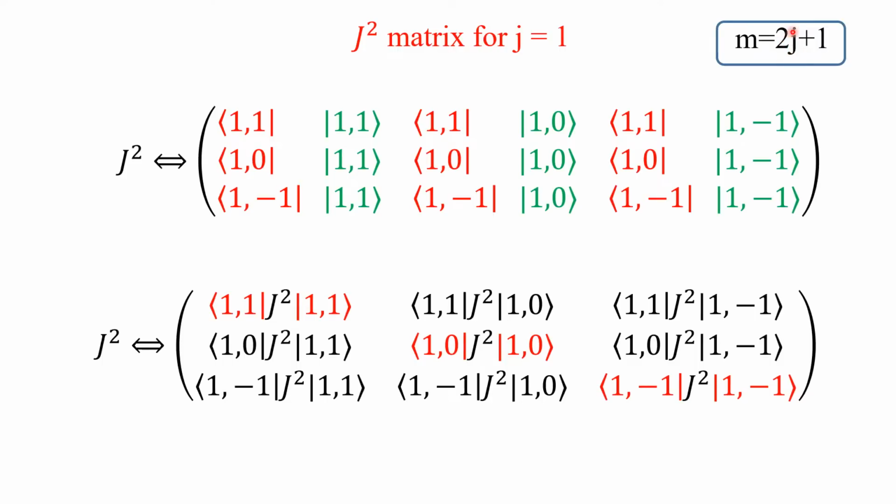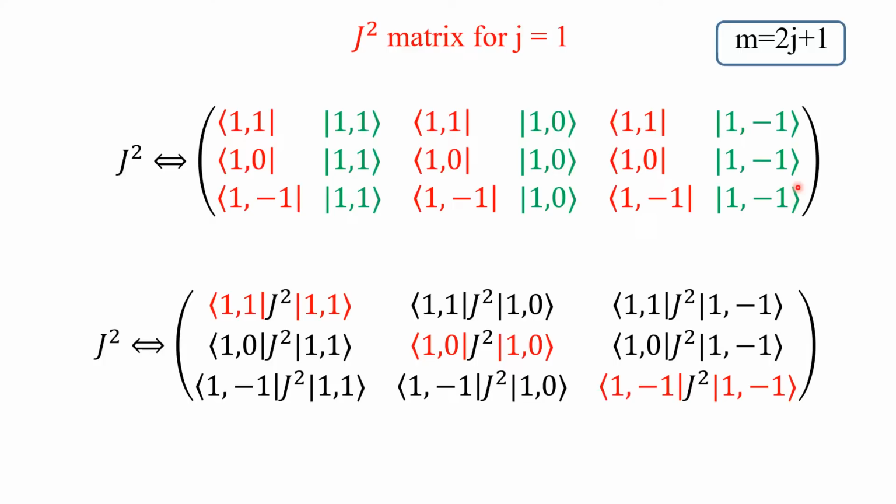There J is half, so this will be 1 plus 1, and it forms a 2 by 2 matrix. Pauli matrices form 2 by 2 matrices. Here, since J is equal to 1, this will form a 3 by 3 matrix: 2J plus 1, 2 into 1 plus 1, which is 3. So 3 by 3 matrices.